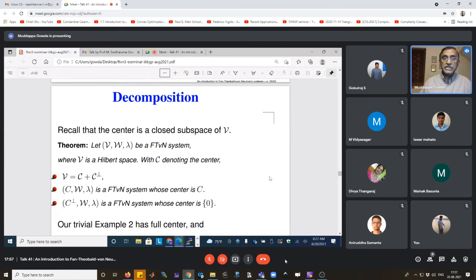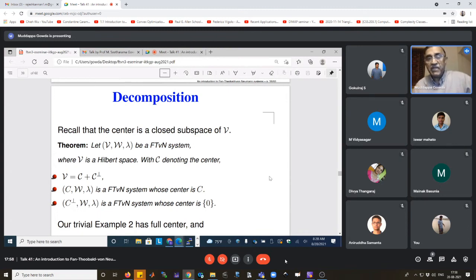And it turns out that (C, W, lambda) is an FTVN system whose center is all of C. So it has the full center. Any two elements in this thing commute. And (C perp, W, lambda) is an FTVN system whose center is trivial, namely it is zero.